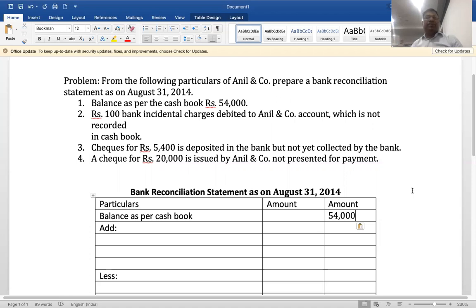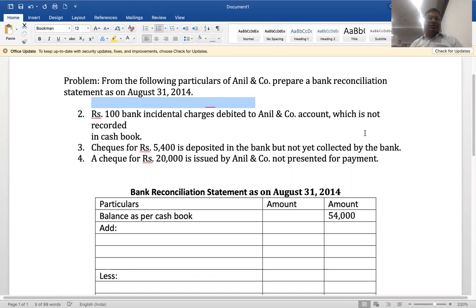In general, triple column cash book means a cash book with bank, discount, and cash columns. There are exceptions, as I told you. Balance as per cash book is 54,000.